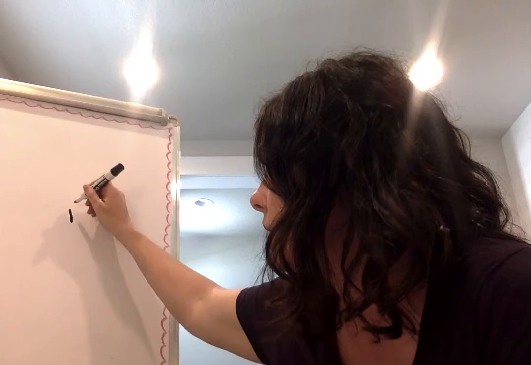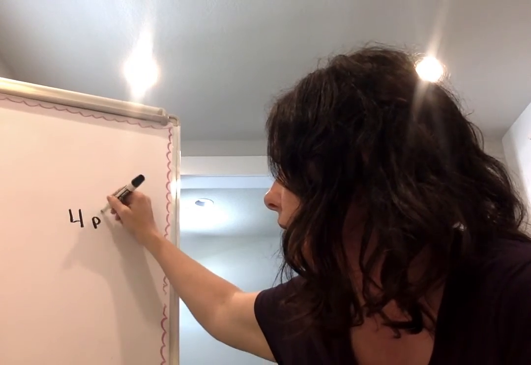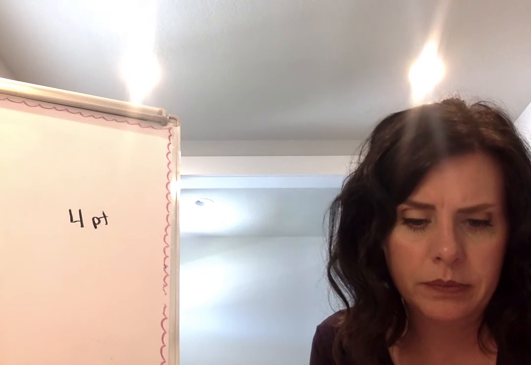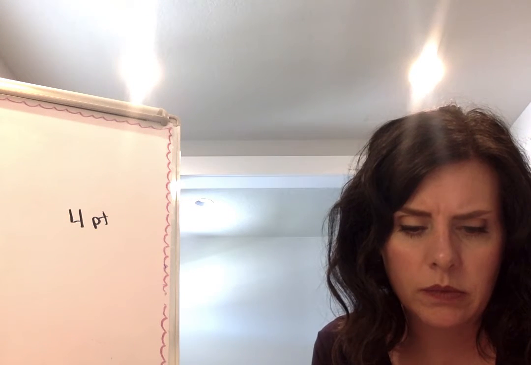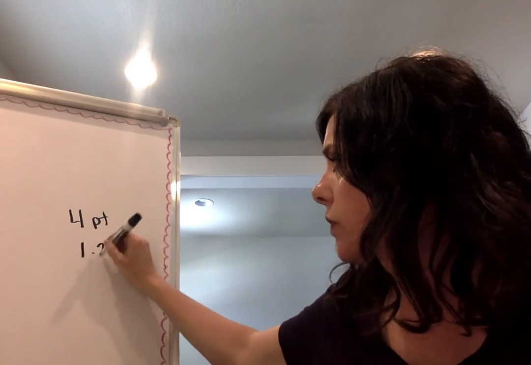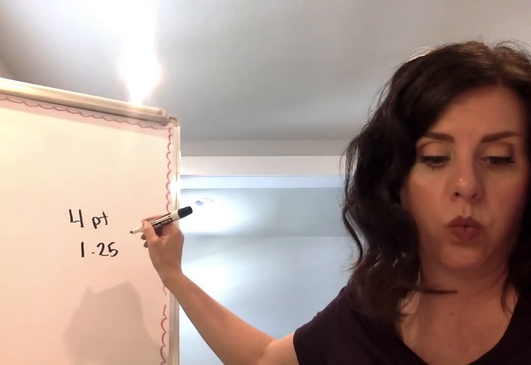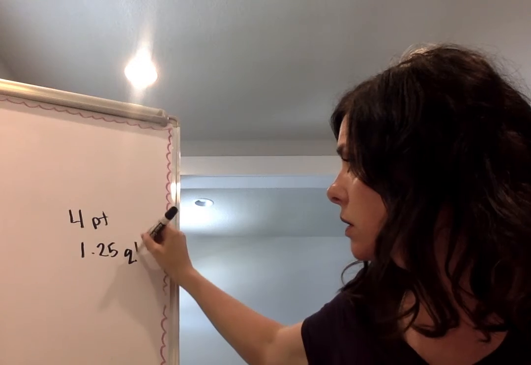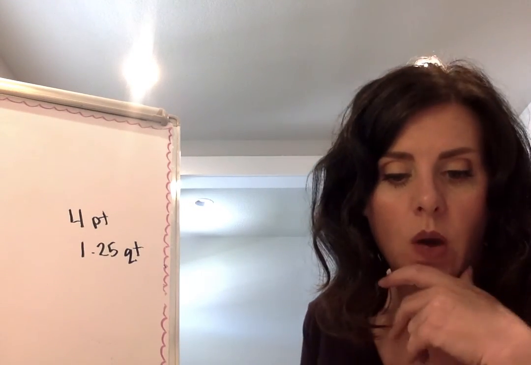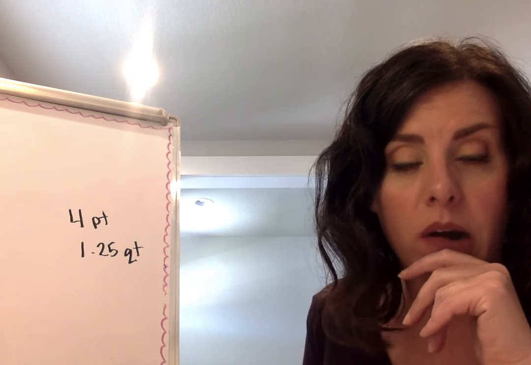So 1 bottle is 4 pints. And the other contained 1.25 quarts. Pints, quarts. So we're in 2 different measurements here. Which bottle was the better bargain?